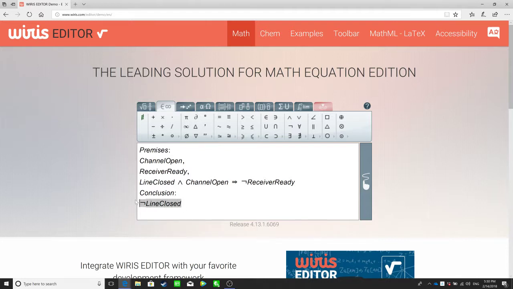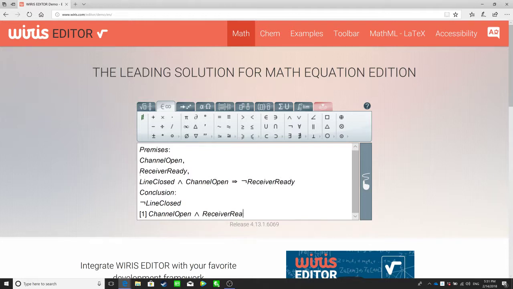Okay, let's do it step by step. Remember, the first thing we do is change the commas to and symbols. So we jump to the step: channel open, and we put the and instead of all those commas.